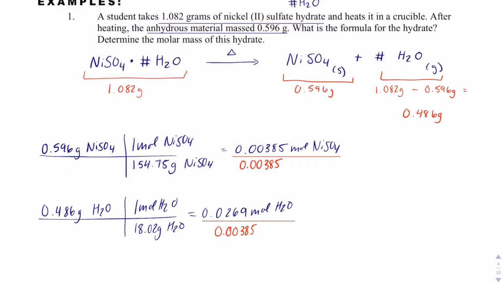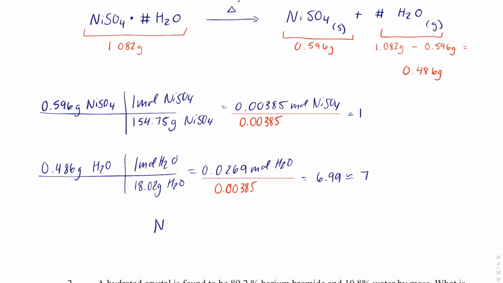And when I do that, I get 1, and I get 6.99. That's within a tenth, so we can call that 7. And so my formula is NiSO4, 7 H2Os.